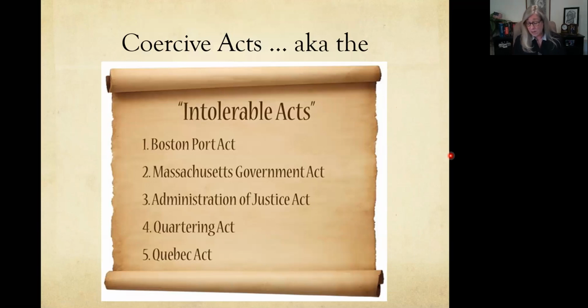Well, you can imagine the Sons of Liberty were like, yeah, we're not paying that back. You can forget it. So these intolerable acts are separate policies, but together we call them the Coercive Acts. In the colonies, they called them the Intolerable Acts because they said that this was going way too far.